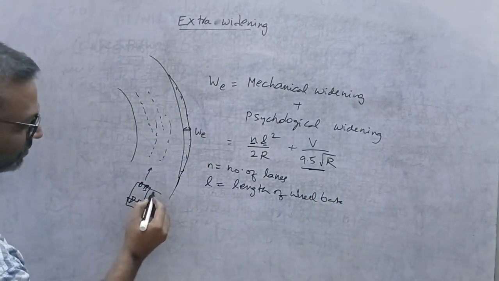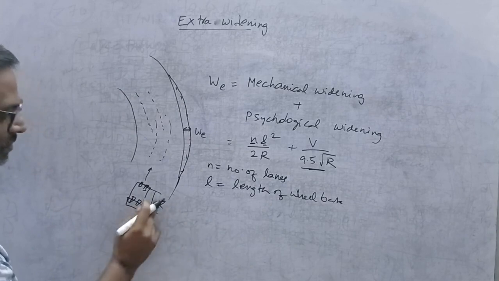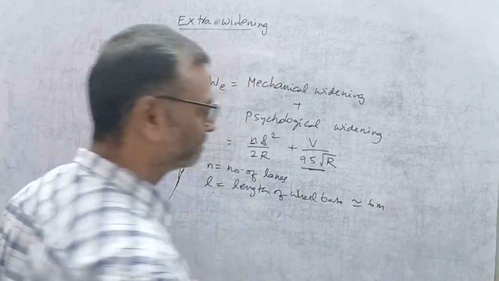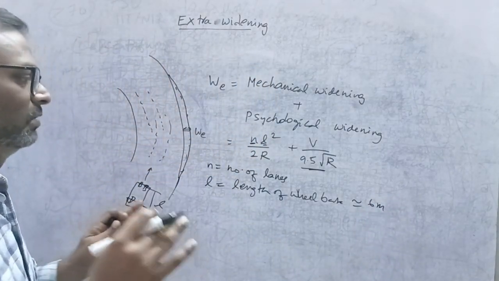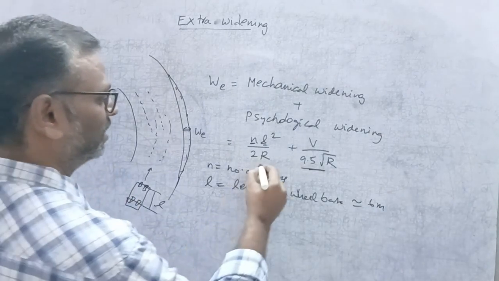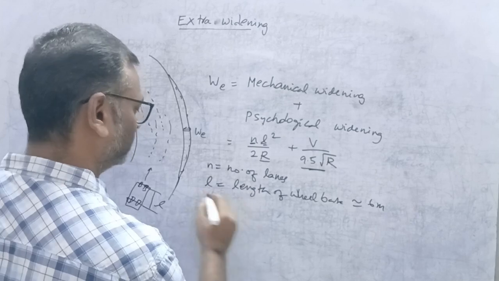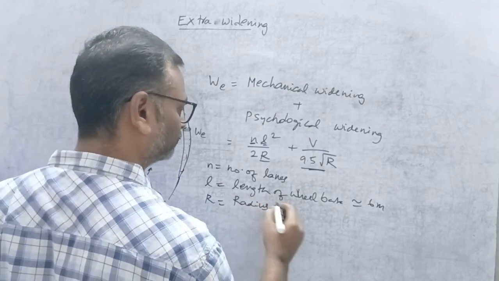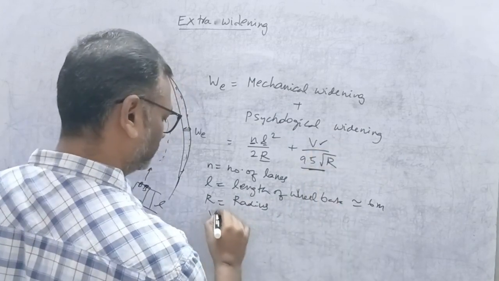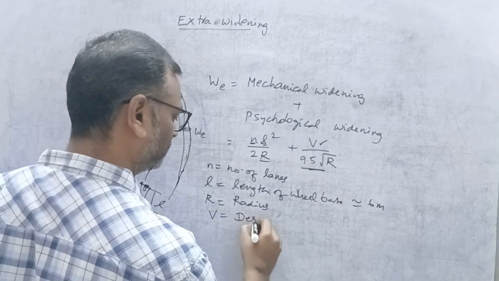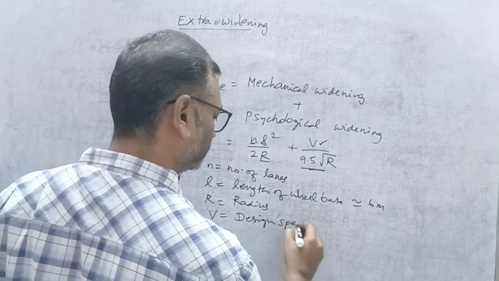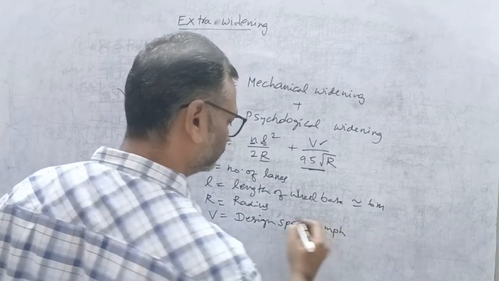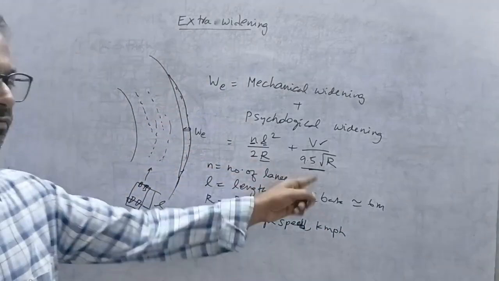From front to back, this L is generally adopted as 6 meters for the longest vehicle. R, we know, is the radius of the horizontal curve, and V is the design speed of the road in kilometers per hour. Got it?